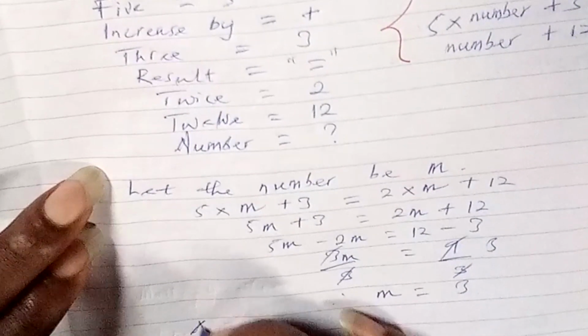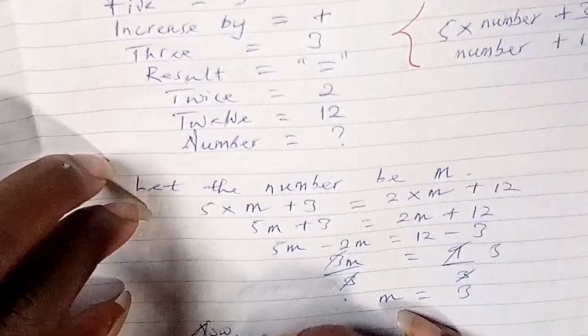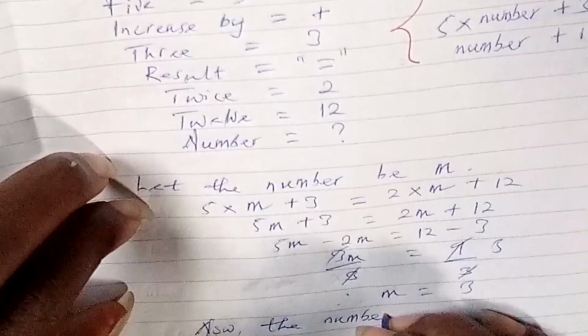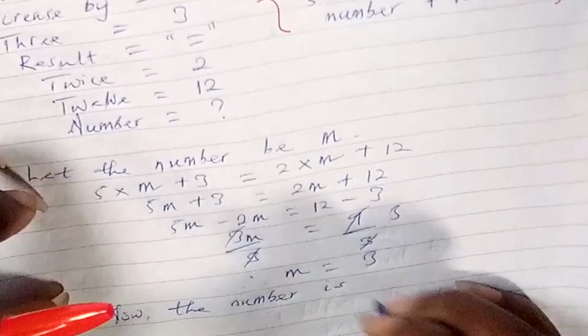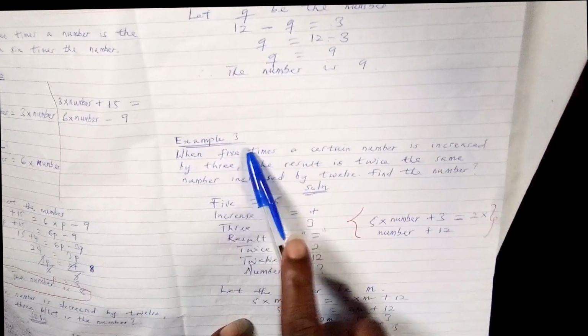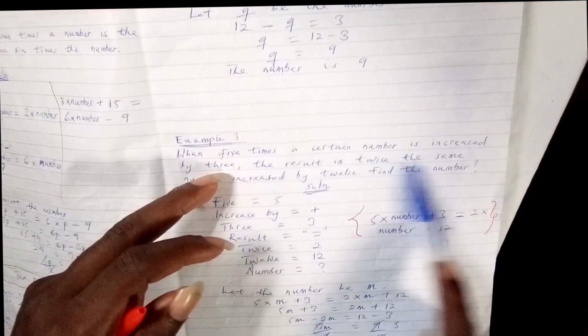Now, we conclude by saying the number is 3. This conclusion is very important and crucial because from this example, we did not see m. M is not part of the example.